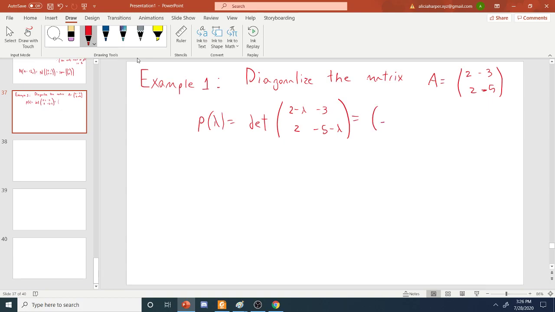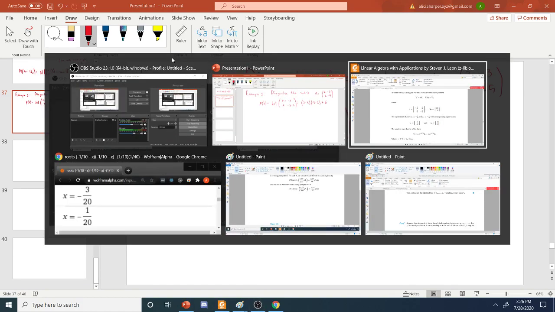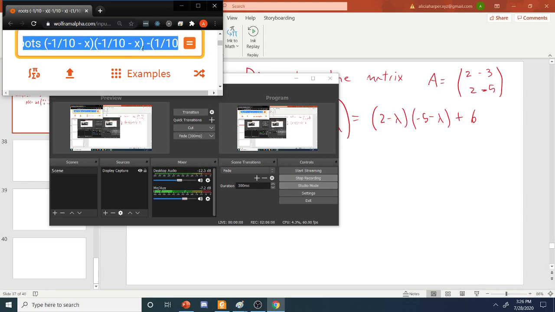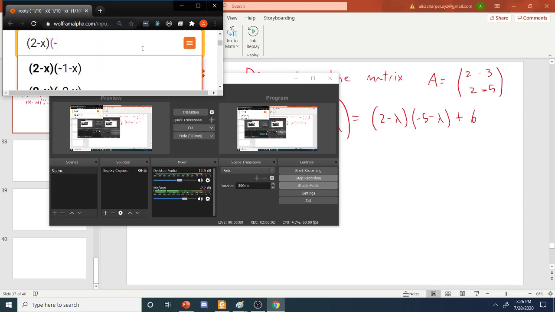This is, of course, (2 minus lambda) times (negative 5 minus lambda) plus 6. So I'm going to use Wolfram Alpha to help me out here, just to save a little bit of time. (2 minus x)(negative 5 minus x) plus 6.